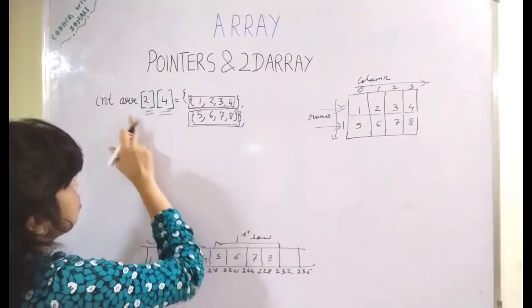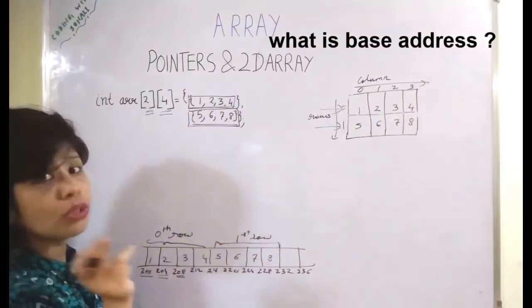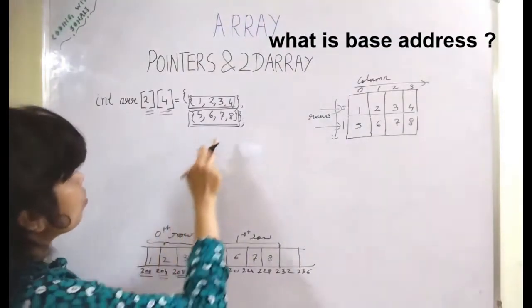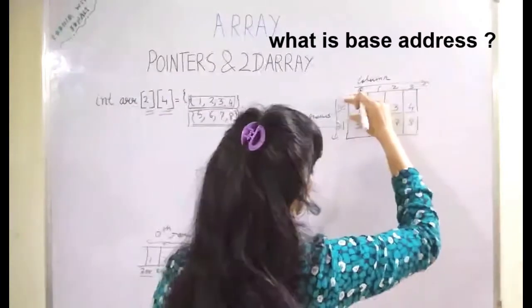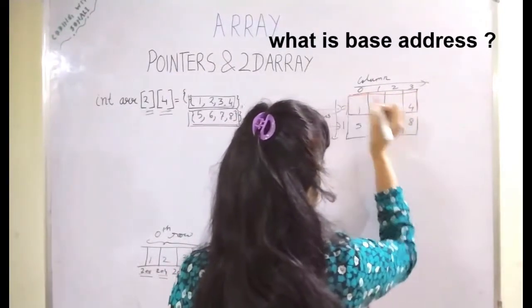Since I told you that the base address holds the address of the 0th element of the 2D array, what is the 0th element of the 2D array? This whole row, 1 2 3 4, is the 0th element.